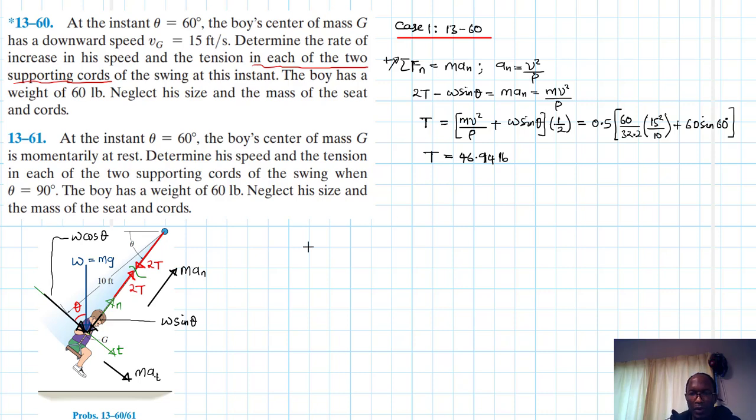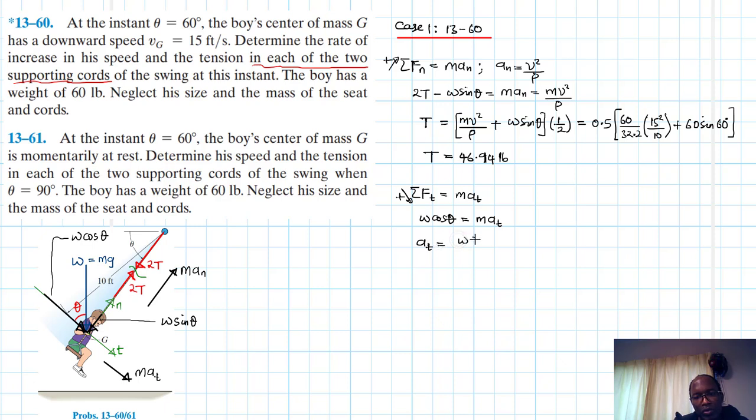I think we are done with the first case. Let's move on to the next. The summation of forces in the T direction equals m a_T, with going down as our reference positive. In that direction we have W cos theta equal to m a_T. The idea here is to find a_T, the tangential acceleration.